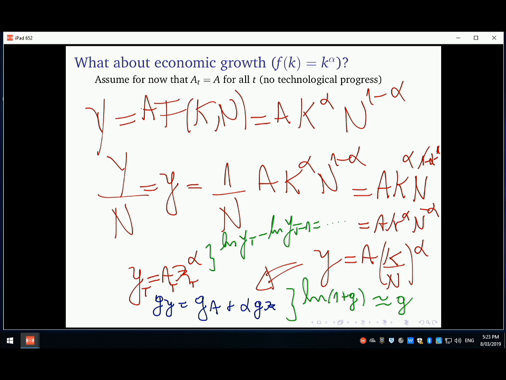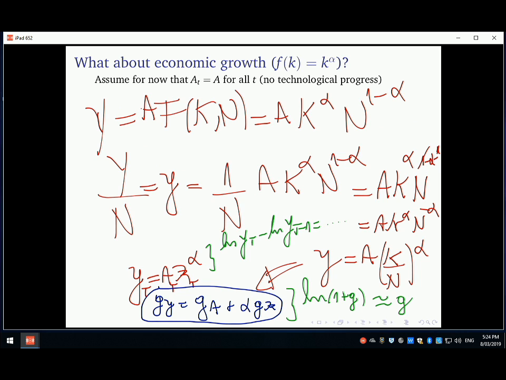So once you do that, following what we learned in tutorials, we know, in blue, over there, that the growth rate of GDP per capita is equal to the growth rate of technology plus alpha times the growth rate of capital, right?